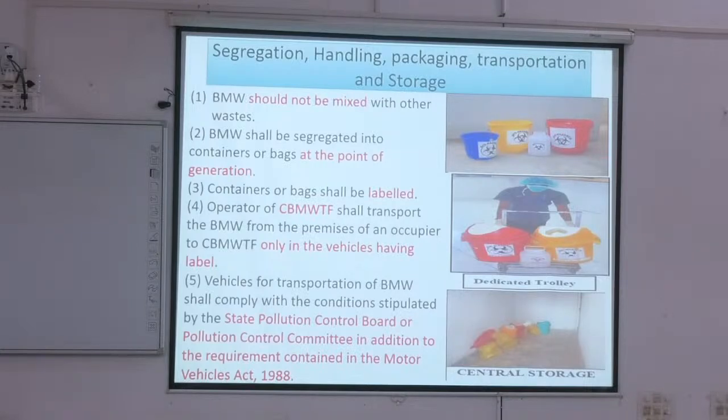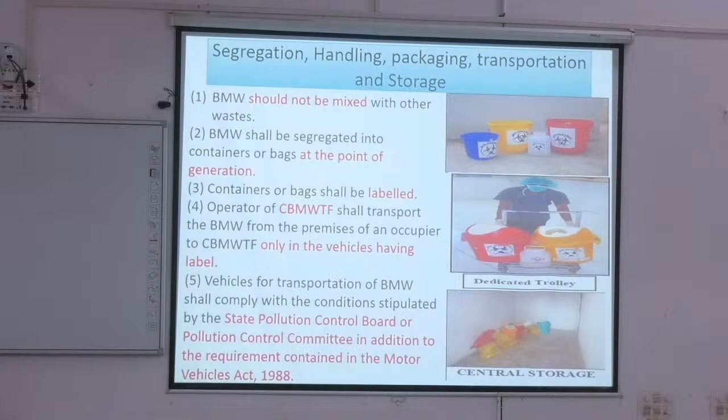If it is gloves, face shield, all those things, they will come under the red bin. And if it is glasswares, then you have to put it in the blue bin. After storage, when you are carrying it to the common storage area, the route will be predefined.